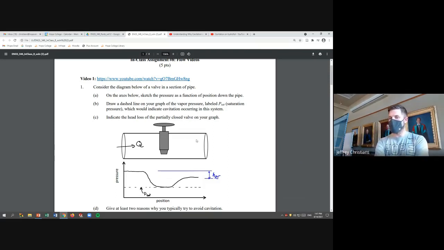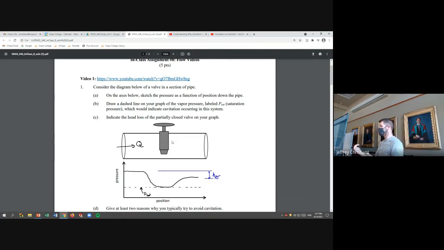Then as you go back to the right-hand side, you go back to the full diameter of the pipe, velocity is going to go back down. So you're going to slow down. You'll get some of your pressure back, but you'll lose some energy to friction, so you won't get all of your pressure back.